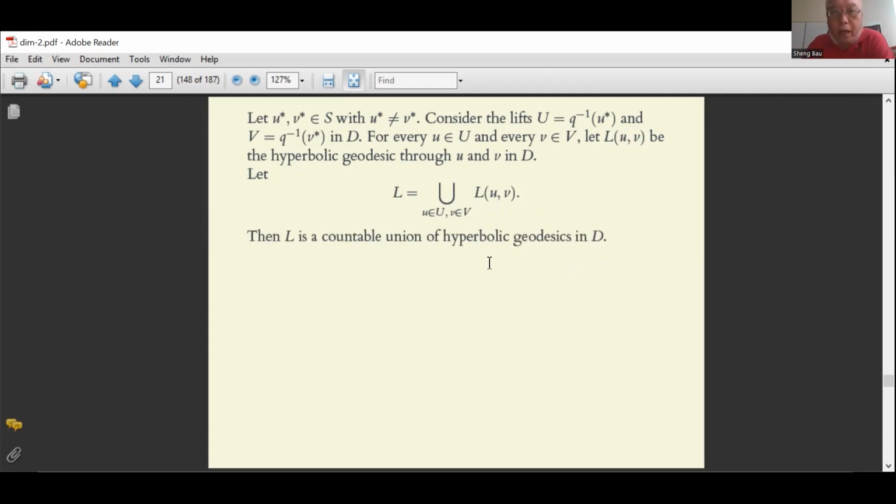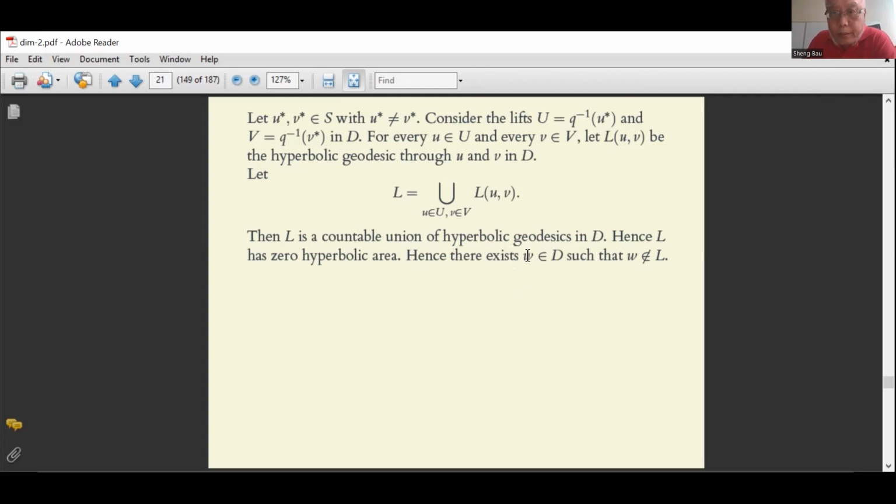And this is a countable union of hyperbolic geodesics in D. I said something wrong earlier. Not finite. It's at most countable, countably infinite. I regard finite sets as countable, different from all my colleagues in the world, so I always get into this mistake of calling it finite.